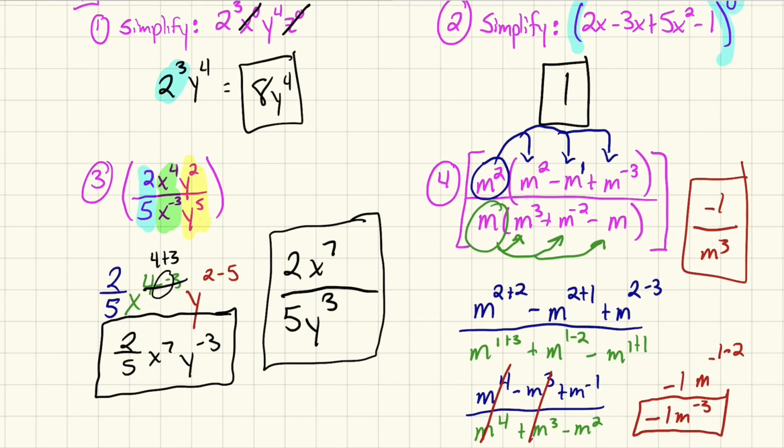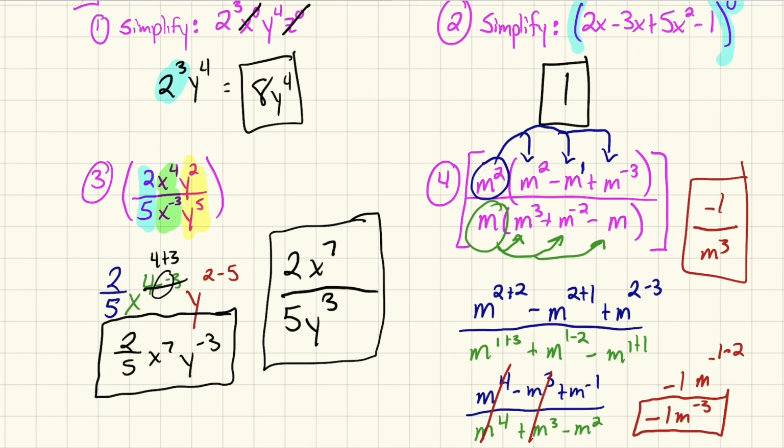And now you have everything with positive exponents. So that is how you handle those problems. Clearly the fourth problem has a little more complication to it because it's asking you to do both things at the same time. But if we noticed, we simplified the numerator, we simplified the denominator, then we started trying to cancel things out and simplifying things.